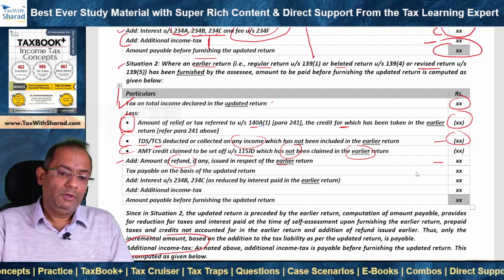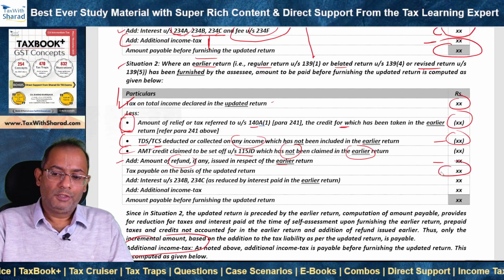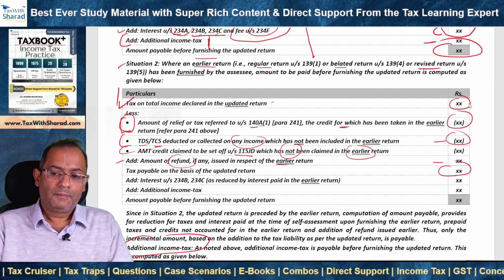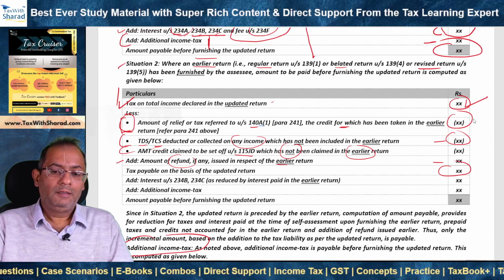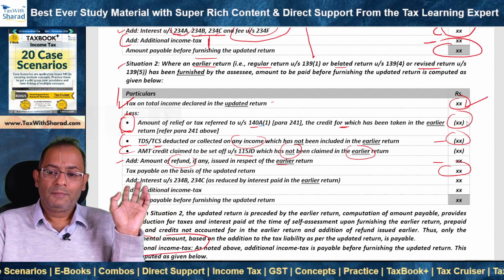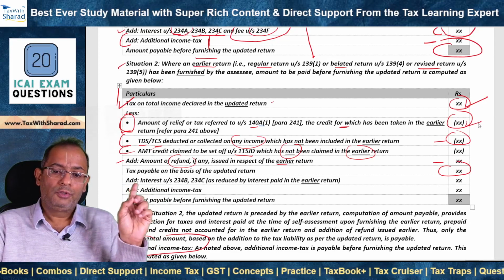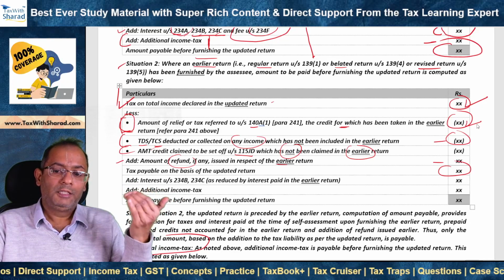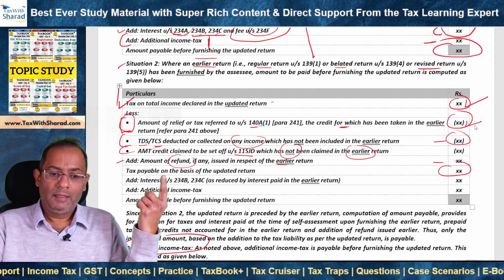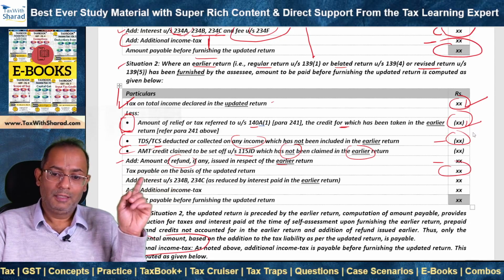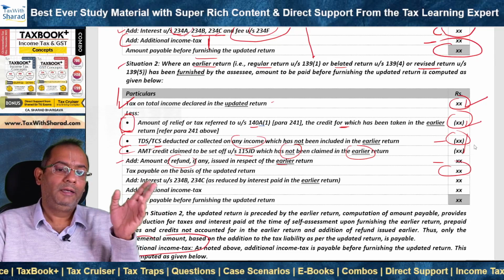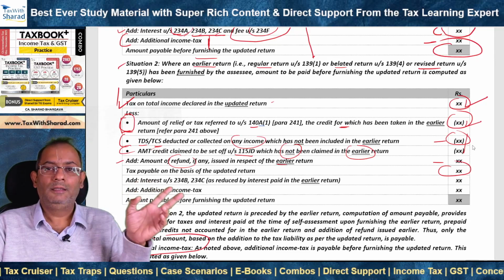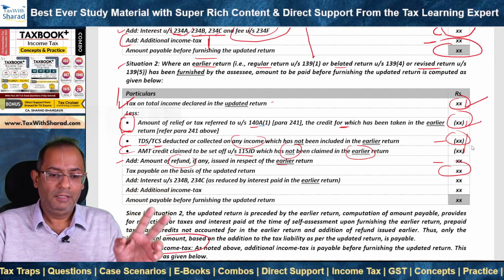So this will give you the amount of tax payable on the basis of the updated return. So tax on total income declared in the updated return, tax as per updated return. Then you need to reduce the taxes for which the credit was taken while furnishing the earlier return, the self-assessment tax. Then you need to also deduct the incremental amount of TDS or TCS and the AMT credit under 115JD.